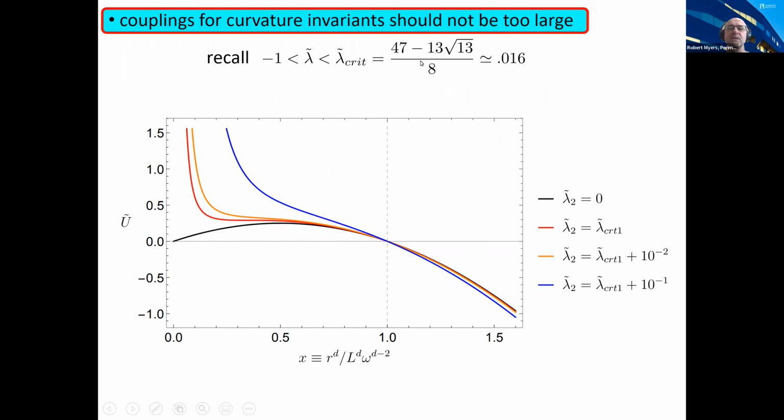And what you can see here in the graph is the effective potential. If I go beyond the critical value, I'm stretching, or pulling the potential up, and this interesting structure, the saddle points, disappears, and I just get a potential that monotonically decreases as I move out in the radius.